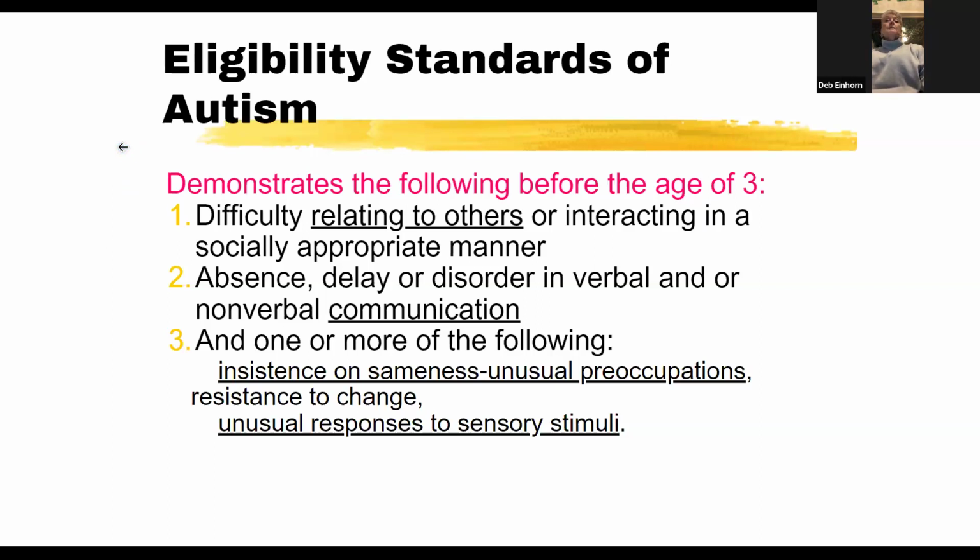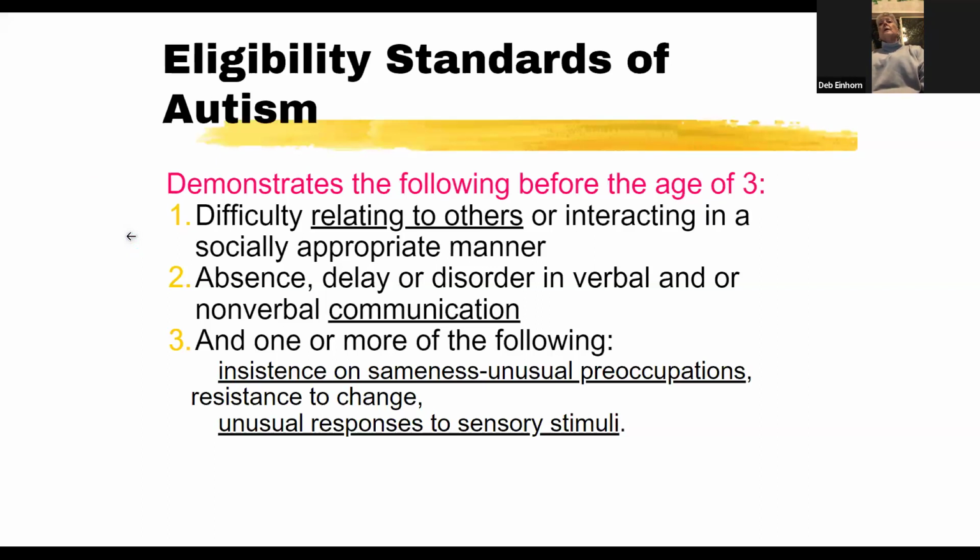sounds that wouldn't bother typical people, like sometimes fluorescent lights make a buzzing noise. For typical people, you might not even notice that buzzing sound, but a child who has sensory issues with sound, it could be the loudest thing that they hear and might interrupt their thinking or their ability to pay attention.